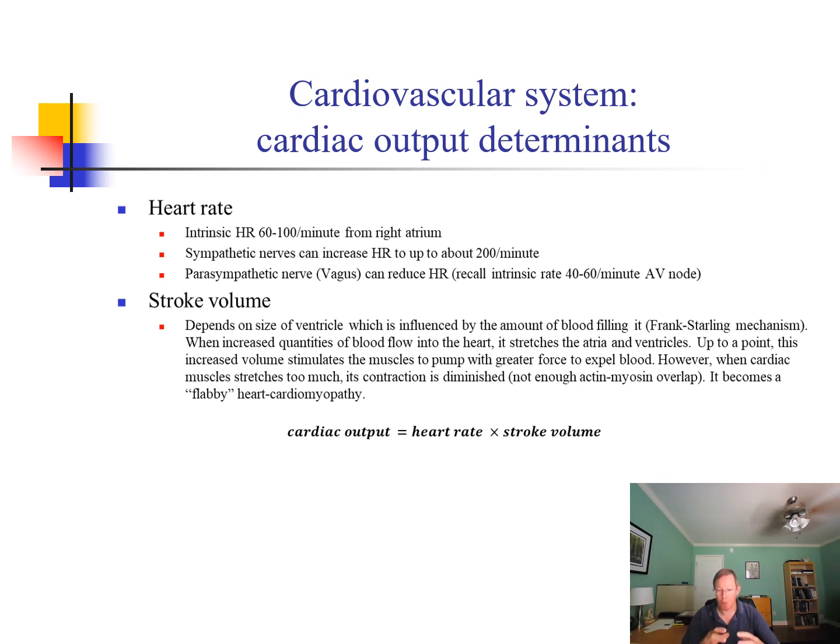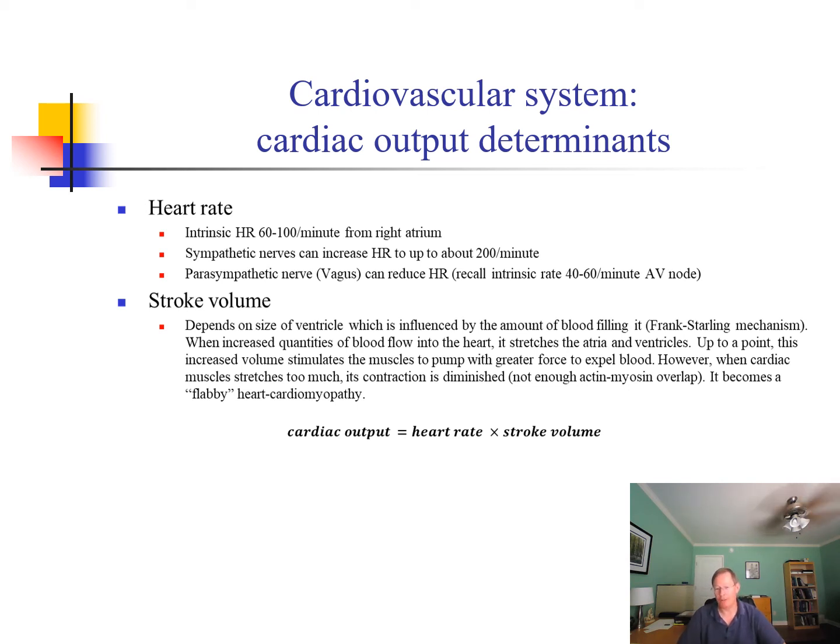Now this is up to a point. You can imagine that with greater overlap of actin and myosin, I can have more force in pushing the blood out. But if I stretch those ventricles out too much so that I don't overlap the actin and myosin filaments, then the myosin heads can't walk along the actin filaments, and then I actually get a decrease in contractility.